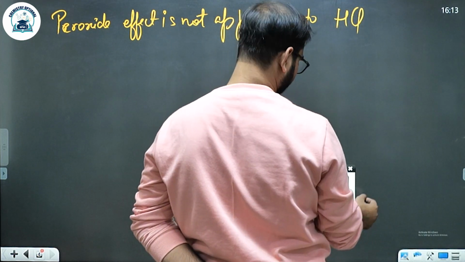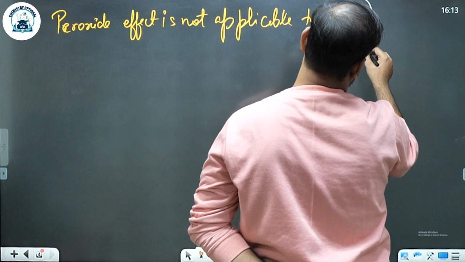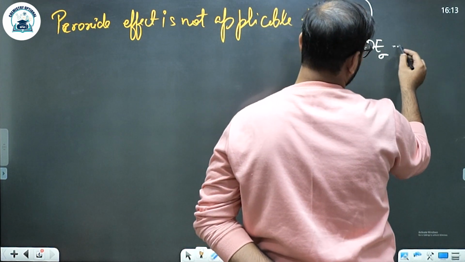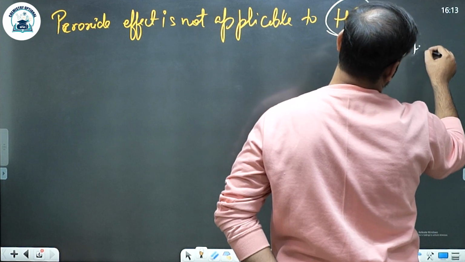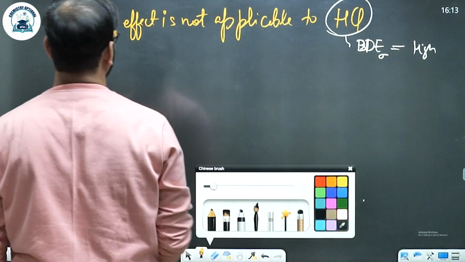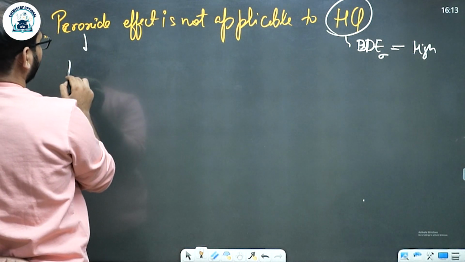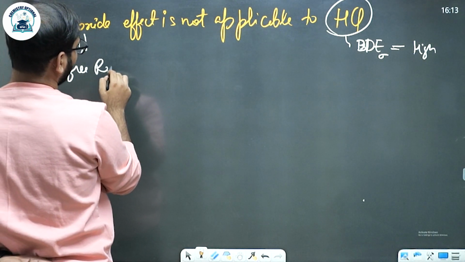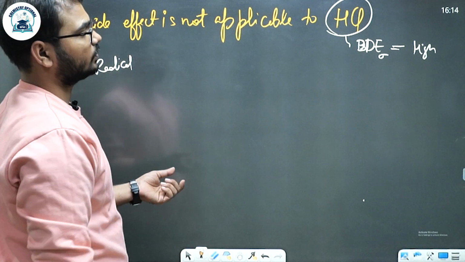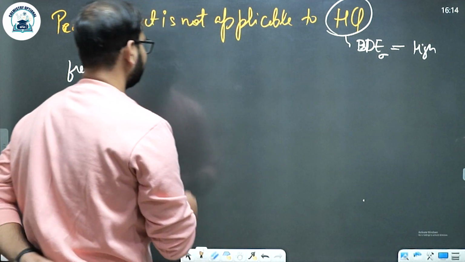Because the bond dissociation enthalpy required for the sigma bond of HCl is very high. Hence, it is not feasible, because the peroxide mechanism goes by a free radical mechanism instead of a carbocation. So for that reason, the bond dissociation enthalpy is very high, and this reaction cannot proceed with HCl.